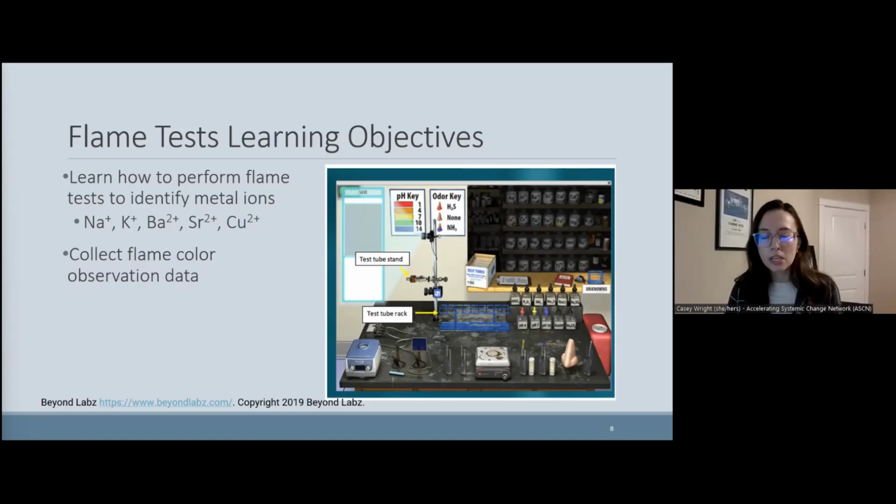It's got a test tube stand, and the storeroom is where students can get the powdered metals, or the powdered ions, that they would then be viewing in the flame test. There's a small window on the left-hand side of the simulation where a video of the flame appears when the students are collecting data in the lab.